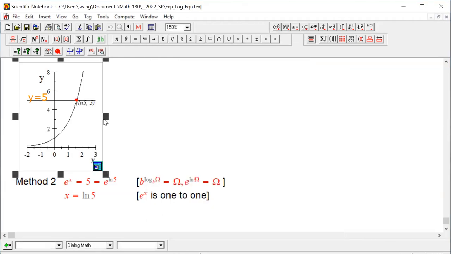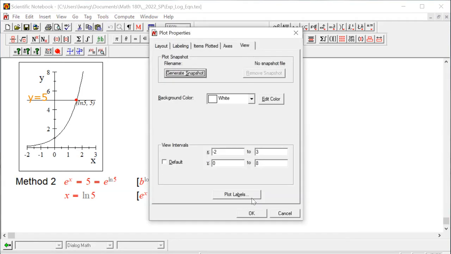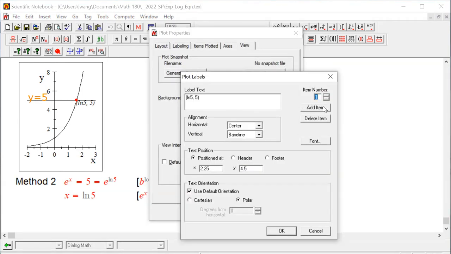There we go. So input is what we're looking for. Actually, maybe we would also mark the horizontal line this time. We didn't mark it before. So this is y equals 5. So where should I put it?